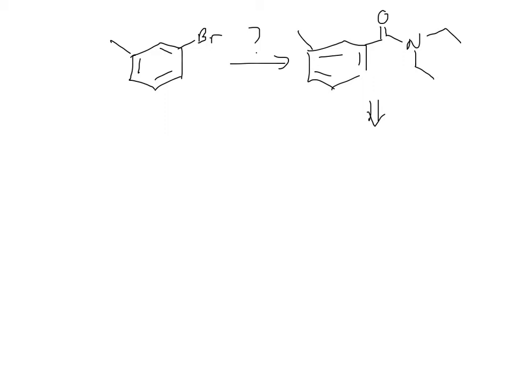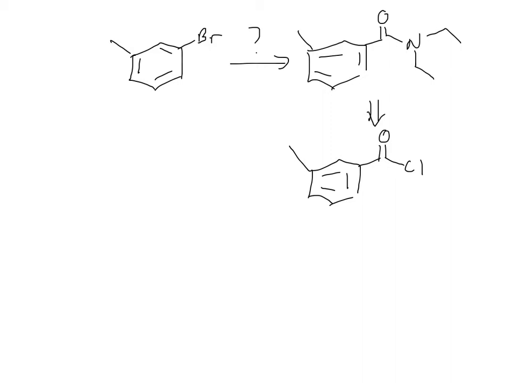So instead of having an amide, I'm going to pretend that before it was this, it was an acid chloride. Might as well go to the top of the mountain, because even though I'm working backwards now, I want to be at the top as I go down. So now I actually want to go up if I'm working backwards.